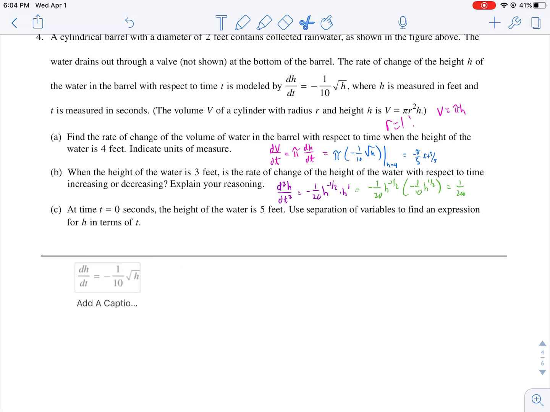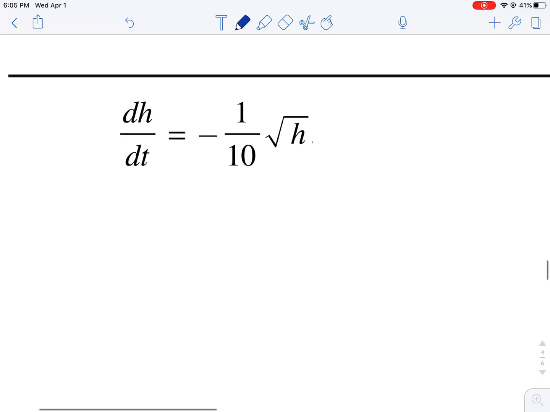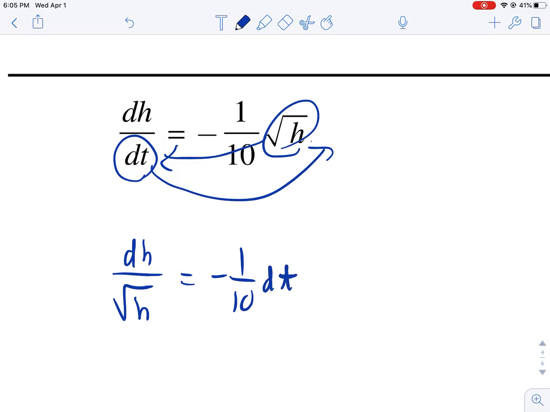That's okay. That just means when we find the antiderivative of a constant, it's just going to be the constant times that variable that we're finding the antiderivative with respect to. So what I mean is get this dt over here, get the square root of h over here. So you end up with dh over square root of h equals negative 1/10 dt.